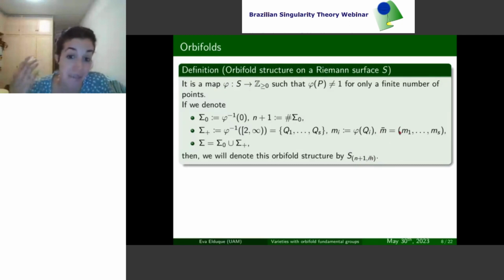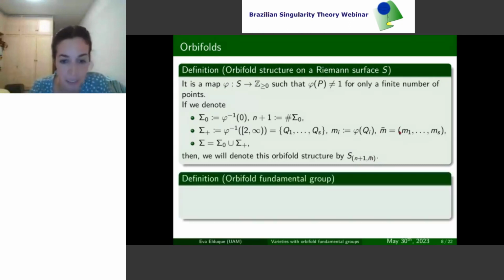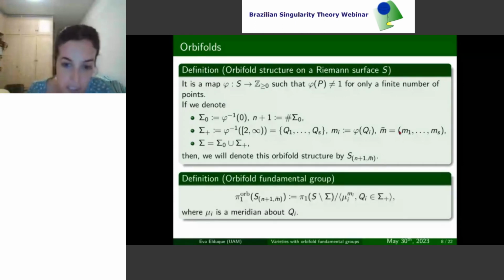Okay, and then one can define the orbifold fundamental group for these things. And it has this definition, which will not give a lot of geometric intuition about what this is doing, but hopefully we can fix that in the next slide. But the definition is just, okay, you take out all the non-standard points, the ones of multiplicity 0 or higher than 2, out of your surface, you compute the fundamental group of that.